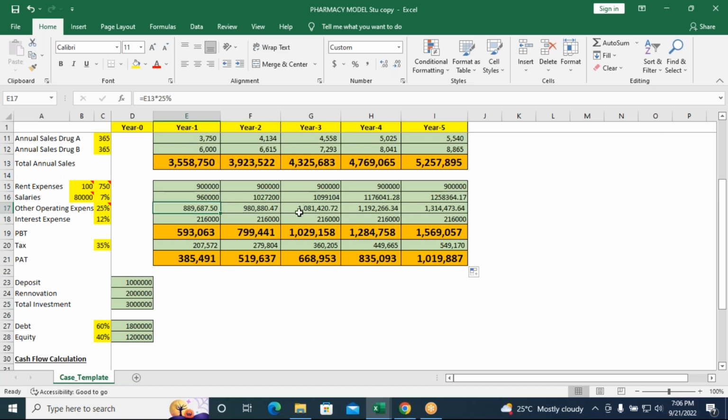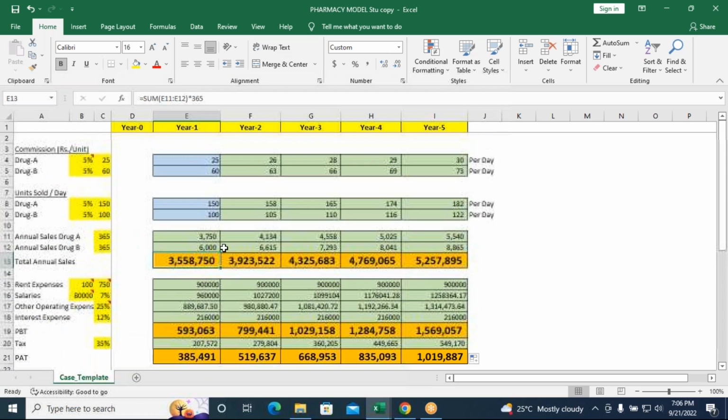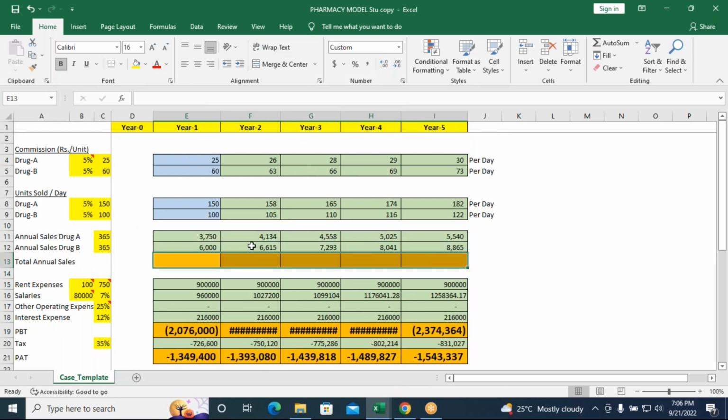Ma'am, can you show this annual sales part once again? So annual sales, how we have done the calculation, in the sense you have understood the previous ones, right? How to do this one and all. Ma'am, that column only I didn't understand.